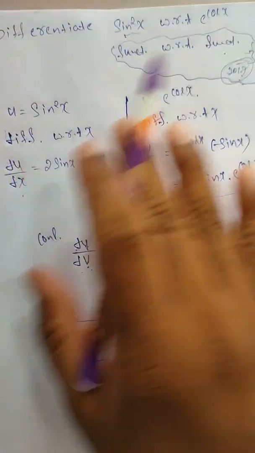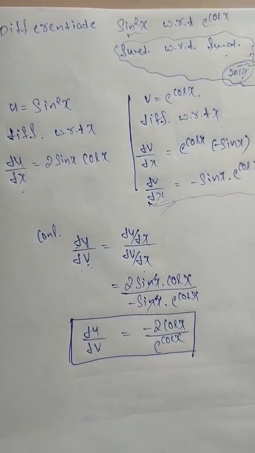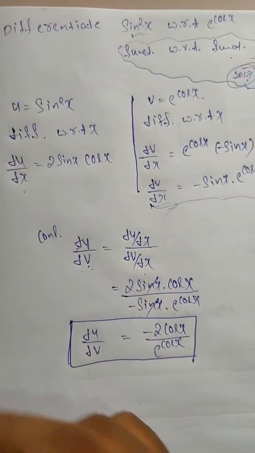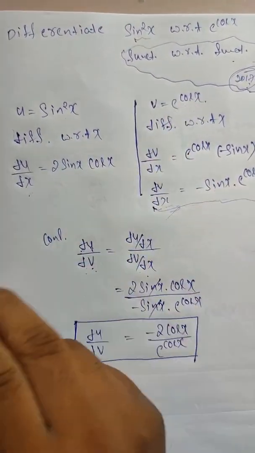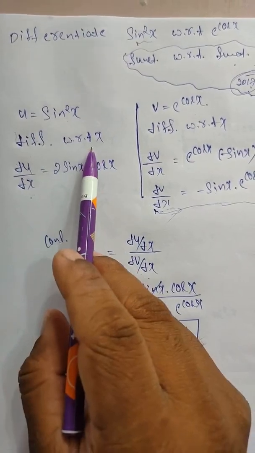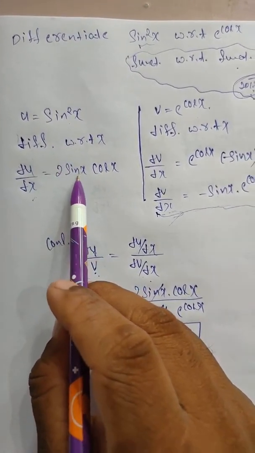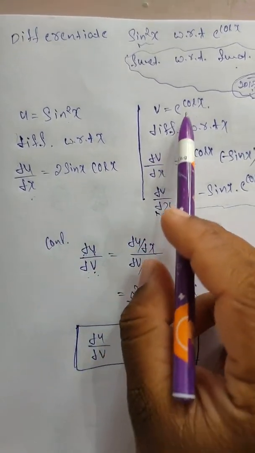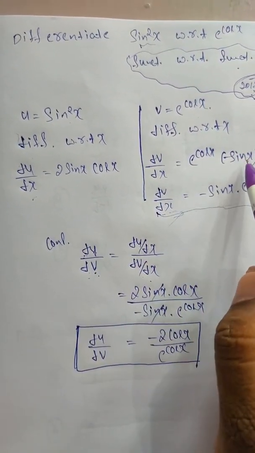So if the problem is given as differentiation of a function with respect to a function, what you want to do is consider u is equal to sin square x, v is equal to e to the power of cos x. Differentiate with respect to x. The differentiation of sin square x is 2 sin x, and again the differentiation of sin x is cos x. The differentiation of e to the power of cos x is e to the power of cos x, and the differentiation of cos x is minus sin x.